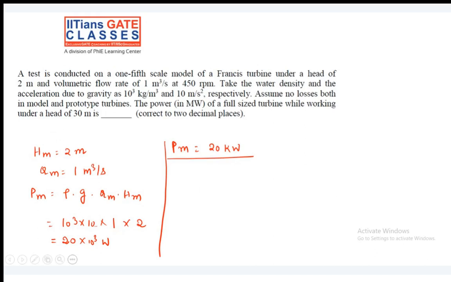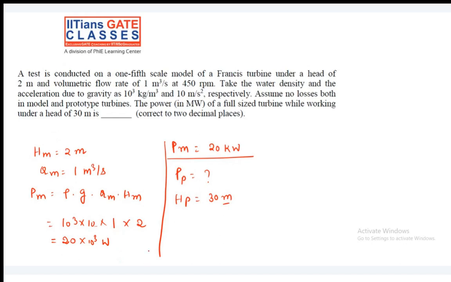So now we will have to look at those conditions where head is to be found out. The head of the turbine under working is 30 meter, so power of prototype is to be found out. The head of prototype is given as 30 meter. So let us get back to the model laws.